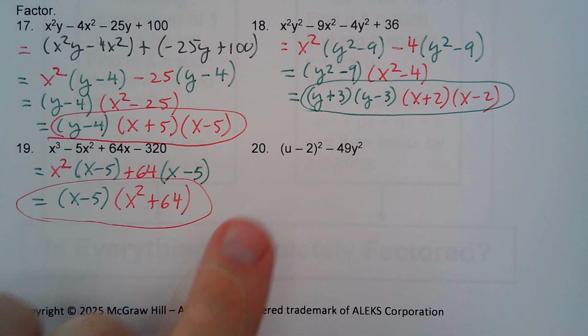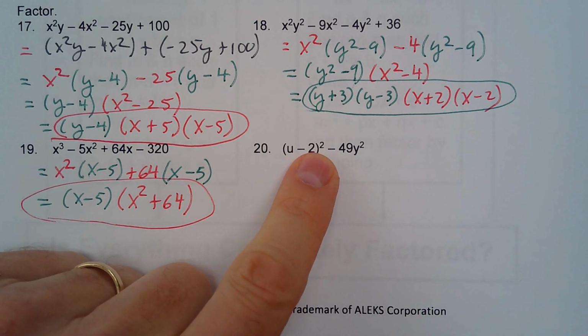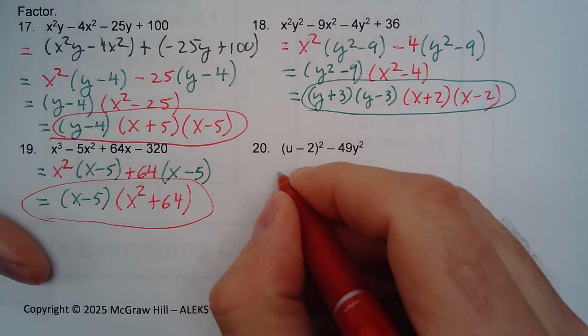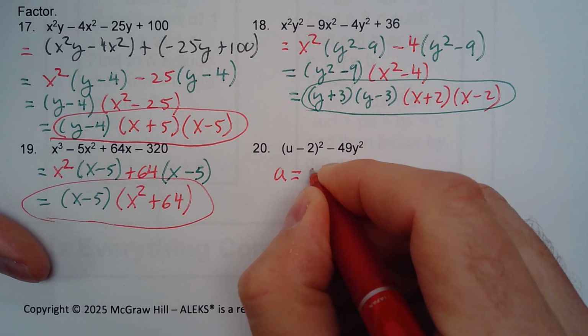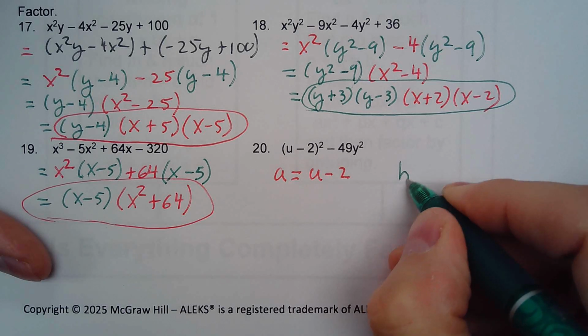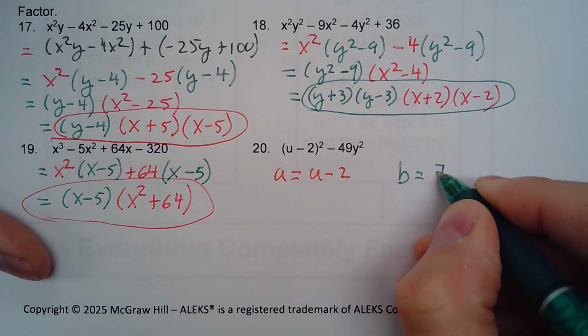Now this one's kind of interesting. You have u minus 2 squared minus 49y squared. So if a here is going to be equal to u minus 2, b here is going to be equal to 7y.